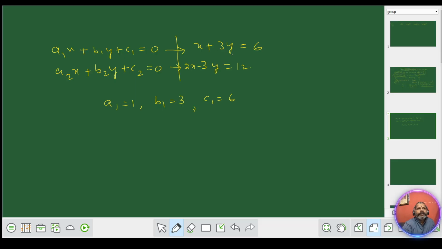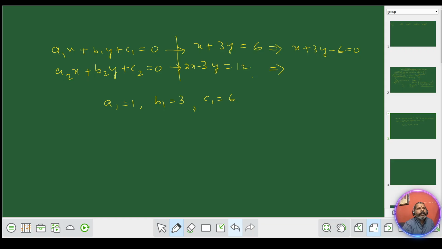You may ask, everything is in the standard form on the left side, but we have a value on the right side. You just rearrange it. It doesn't alter the ratios, which we'll be seeing shortly.